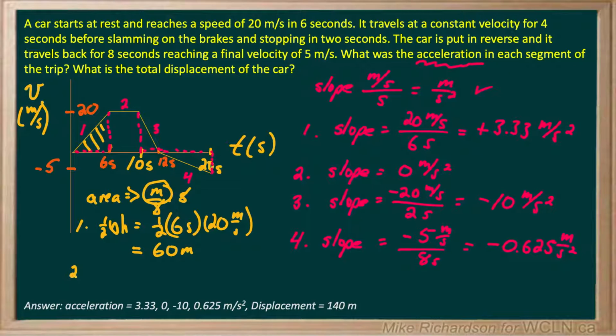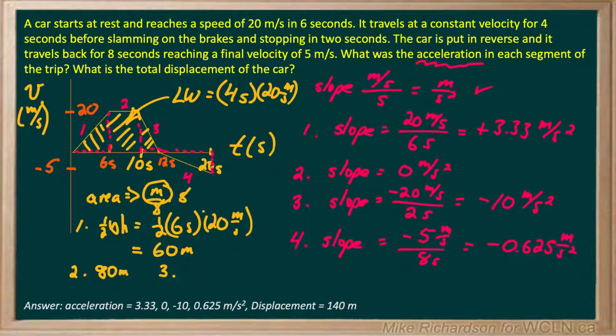Similarly, for region 2, it's just a rectangle. So I'm going to do length times width. And for this one, length times width will be 4 seconds times 20 meters per second. So it looks like region 2's area is going to be 80 meters. Again, moving on, we'll look at region 3, another little triangle. 1/2 base times height.